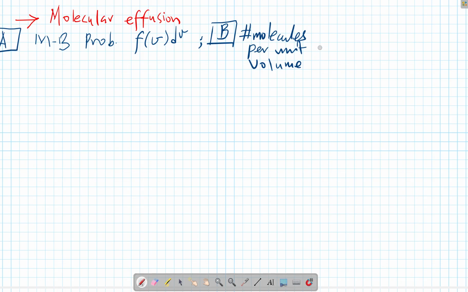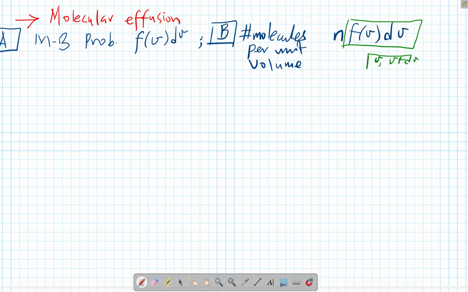And that number per volume is going to be n. n is the number density, the total number of gas molecules divided by the total volume, times f of v dv. One can think of f of v times dv as the fraction of molecules having speed within the range v and v plus dv.